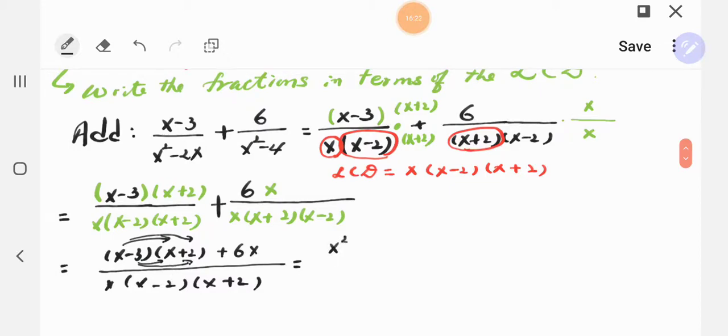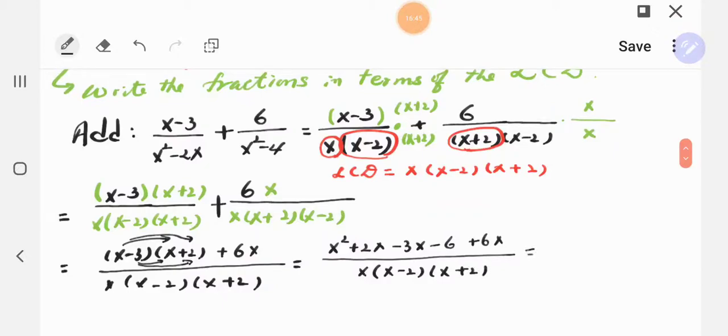Then that is x squared plus 2x minus 3x minus 6. Using the FOIL method, we have 4 terms, and then plus 6x. That's the numerator. And the denominator, do not distribute it, because we want to factor.